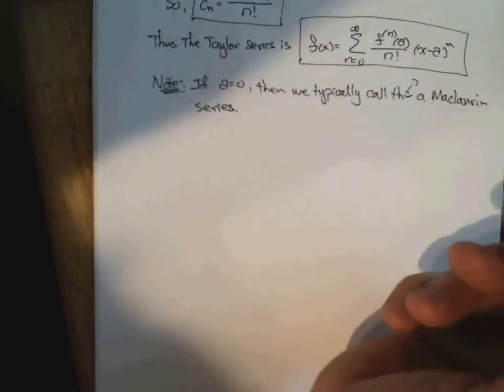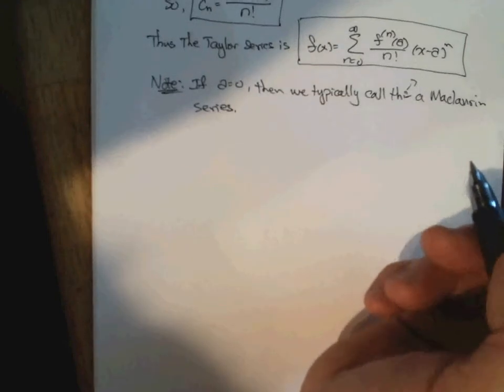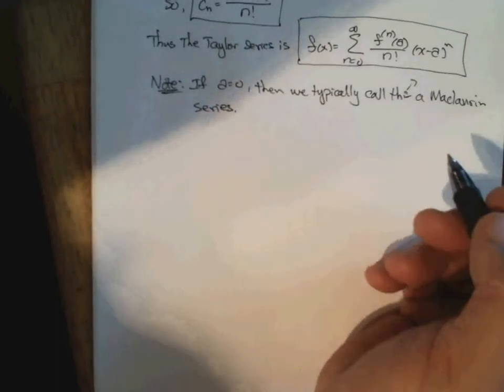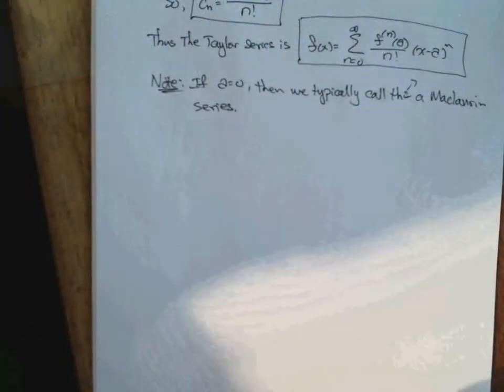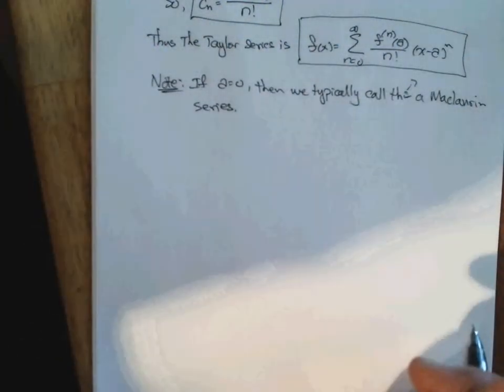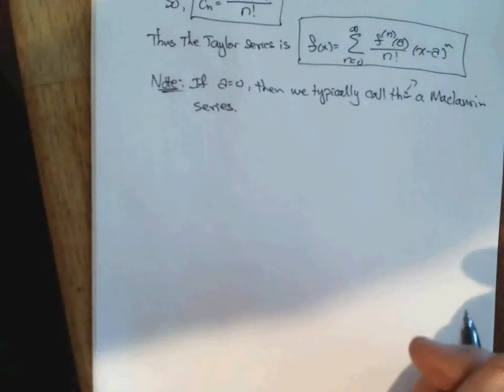Instead of a Taylor series. But if you call it a Taylor series, it's not wrong. So if you want to just use the name Taylor all the time, that's fine. You won't get in trouble doing that, okay? All right.